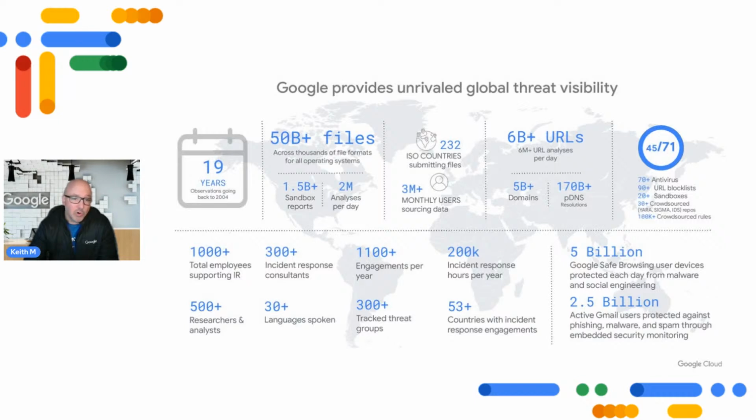Underneath the hood here, our core Google protects over 5 billion devices running Chrome from malware with safe browsing and 2.5 billion Gmail inboxes from phishing. VirusTotal's Threat Observatory includes more than 6 billion URLs and over 5 billion domains. And then Mandiant has more than 1,000 security experts worldwide, made up of forensics investigators, malware analysts, consultants, intelligence analysts, and network analysts.